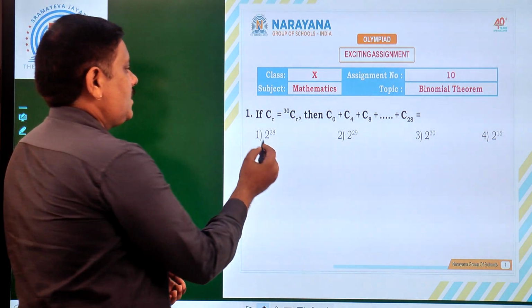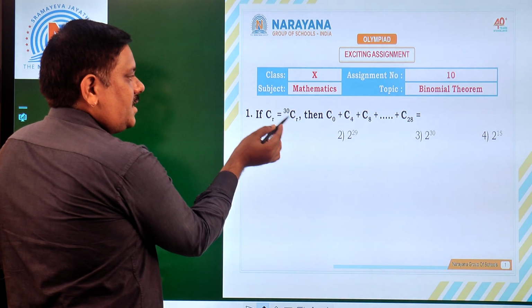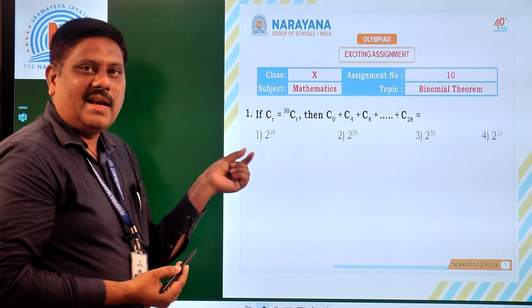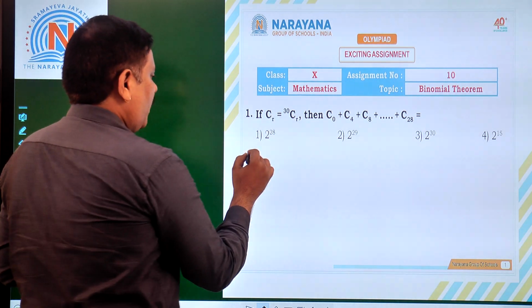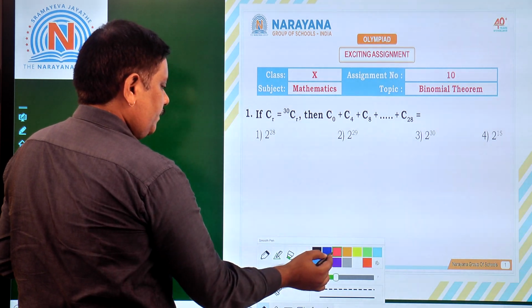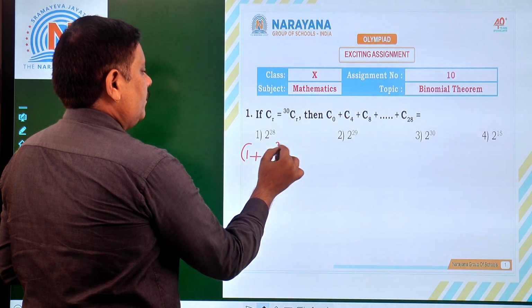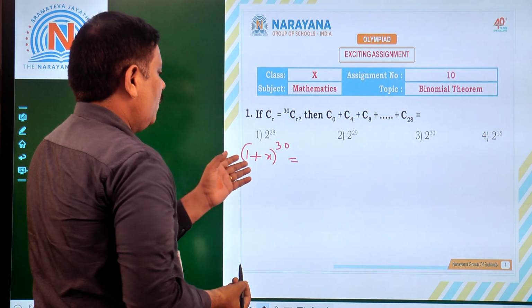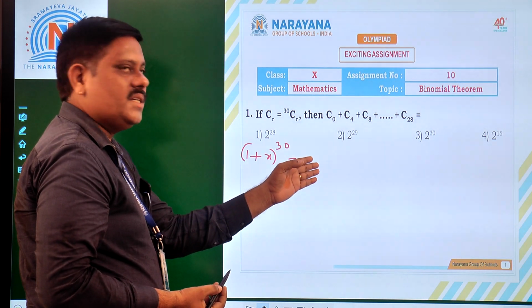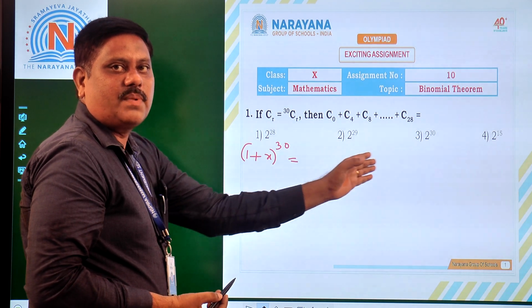Now, as C_r is given as 30 C_r, it denotes that n is 30 here. So we have to take the binomial expansion (1 plus x) whole power 30. Okay, so we know that (1 plus x) whole power 30 is 30 C0 plus 30 C1 into x plus so on.